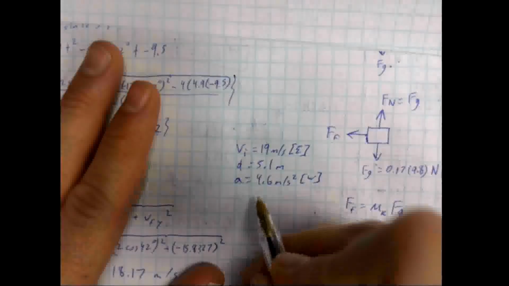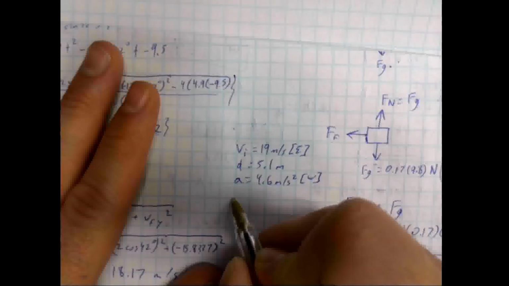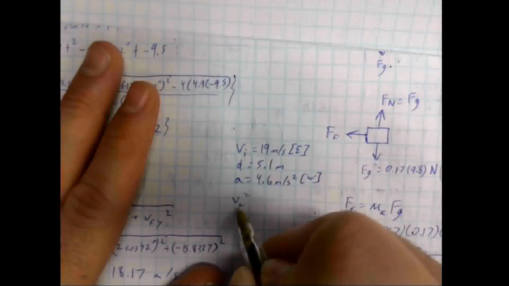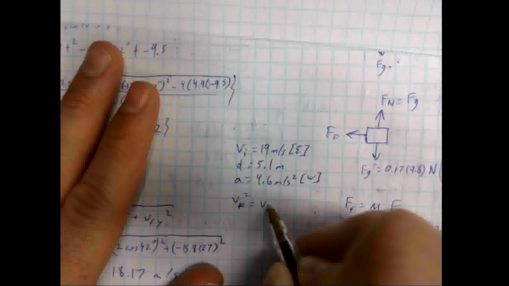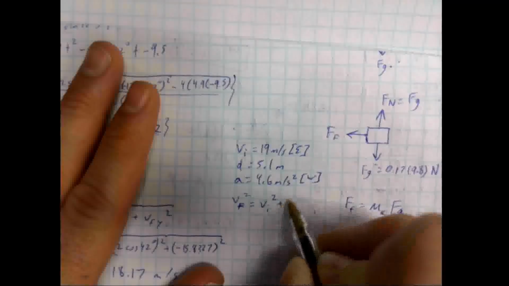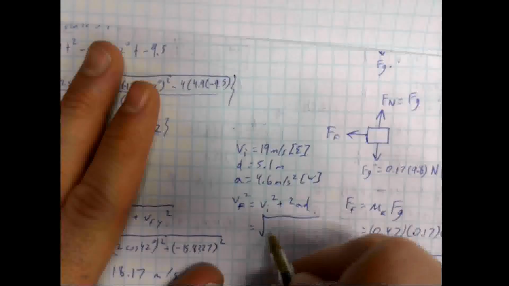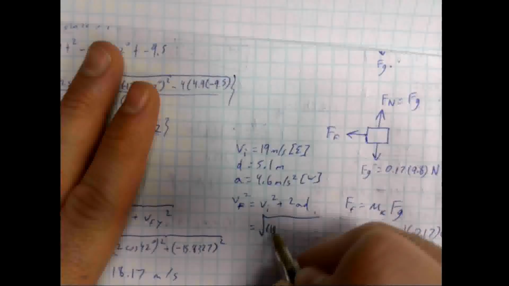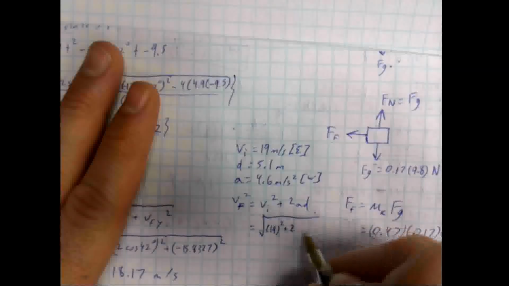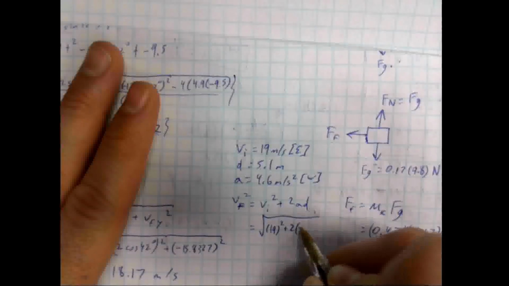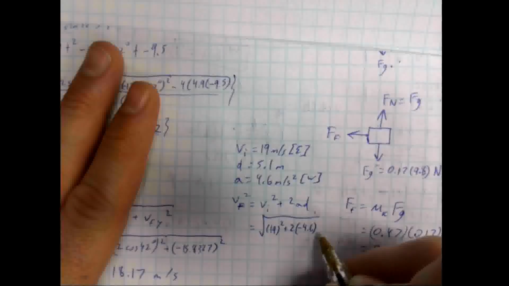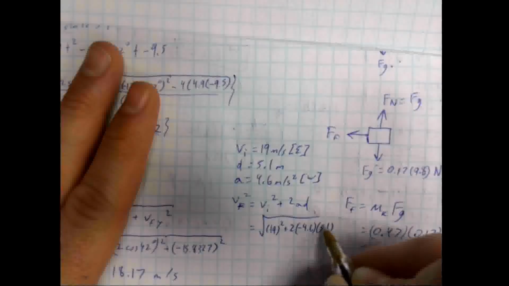You have to use the equation VF squared equals VI squared plus 2ad. And that becomes the square root of 19 squared plus 2, and I'm going to make this negative 4.6, and this is 5.1.